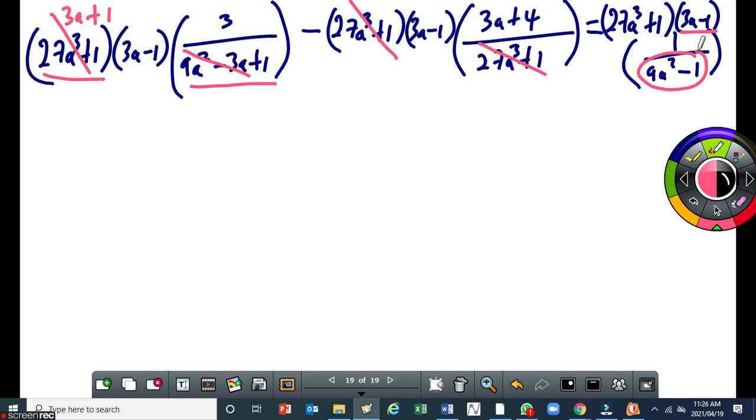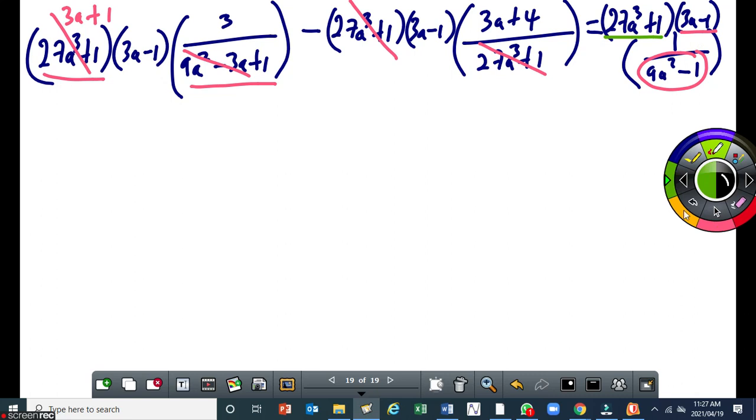This 9a squared minus 1 has two factors. The first factor is 3a minus 1, the other factor is 3a plus 1. At the same time, the other factor, 3a plus 1, is a factor of 27a cubed plus 1.